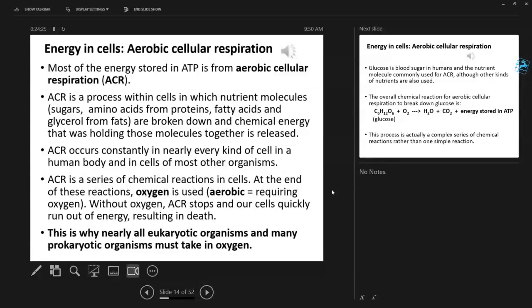But the word respiration in biology means not only breathing, but using the oxygen that we take in by breathing. And this is where the oxygen is used. This is why you're inhaling oxygen right now, and why you will die if you stop breathing oxygen. Because if this process stops, you will die within minutes.